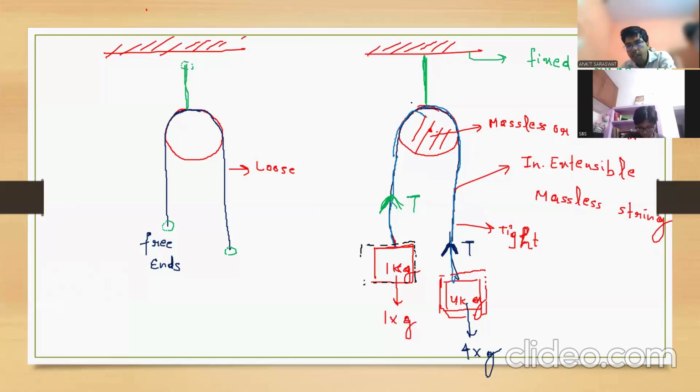If the pulley is massless and is my system, then how do we draw the free body diagram for the pulley? On the pulley, who is going to apply force? These are the two strings. Then on this pulley, what is the direction of the tension force?